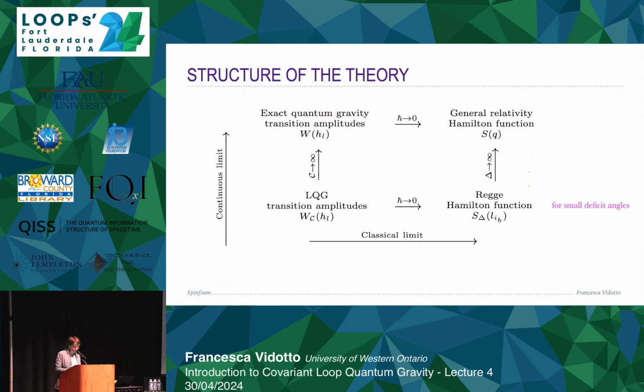But first of all, the full definition of the theory comes with a limit for a refinement of my complex. So this is similar to what happens in the case of the Fock space.